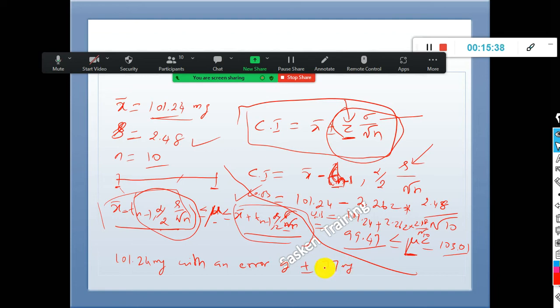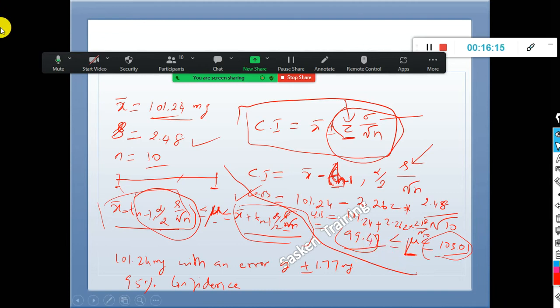Now as a researcher, we are 95% confident that the average potency of the batch of tablets is between 99.47 and 103.01. This 95% is the confidence level. I told you the other day, right? Confidence interval is different and confidence level is different. So this is the answer for this one.